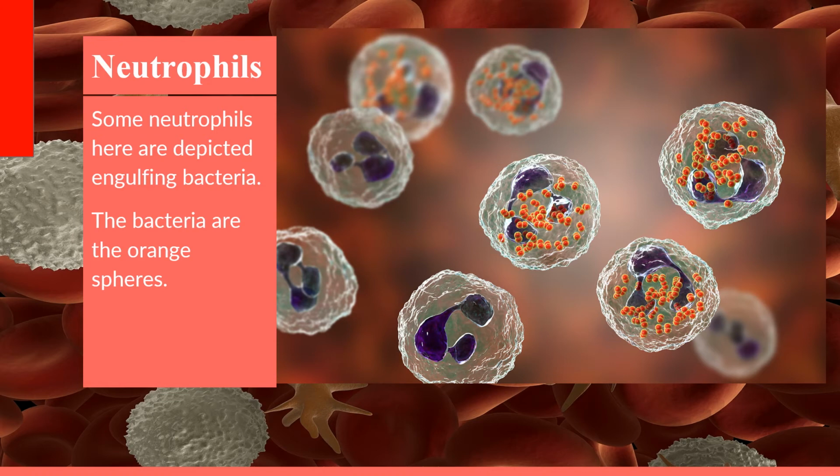Neutrophils are the most frequent type of granulocyte in the blood, and a higher than normal count of neutrophils is associated with bacterial infections. They also release proteins which attract other immune components and cause inflammation.